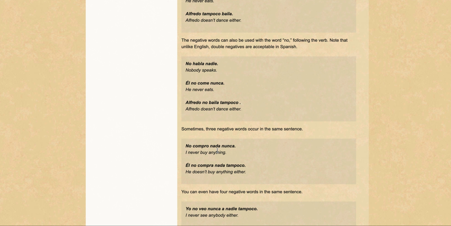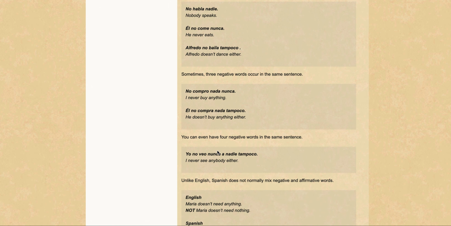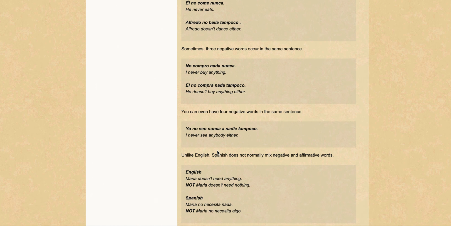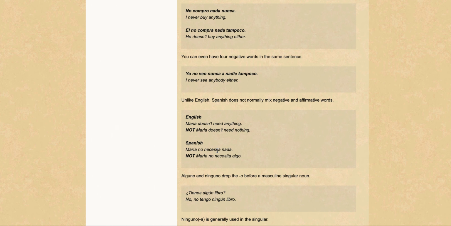So no habla nadie, él no come nunca, Alfredo no baila tampoco, right? And then we can use 3 negatives like no compro nada nunca, I never buy anything, right? And you can use 4 negatives. Yo no veo nunca a nadie tampoco. I never see anybody either, right?